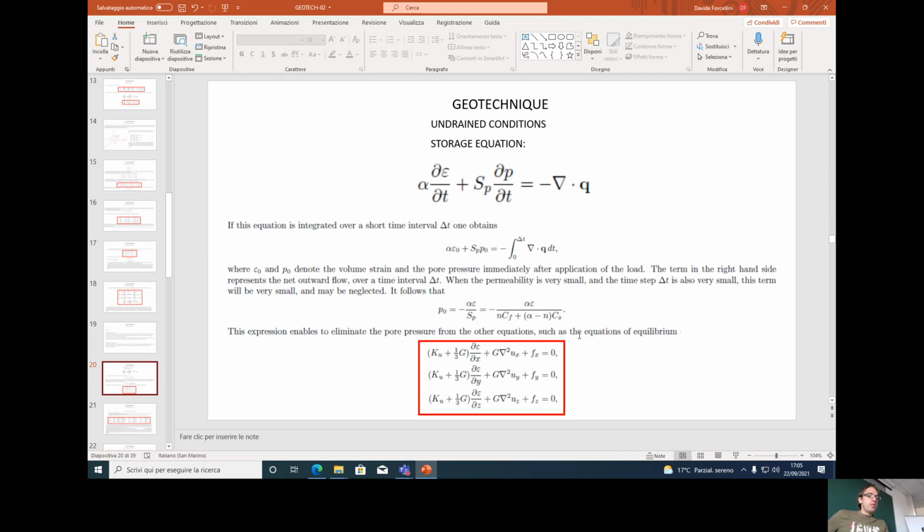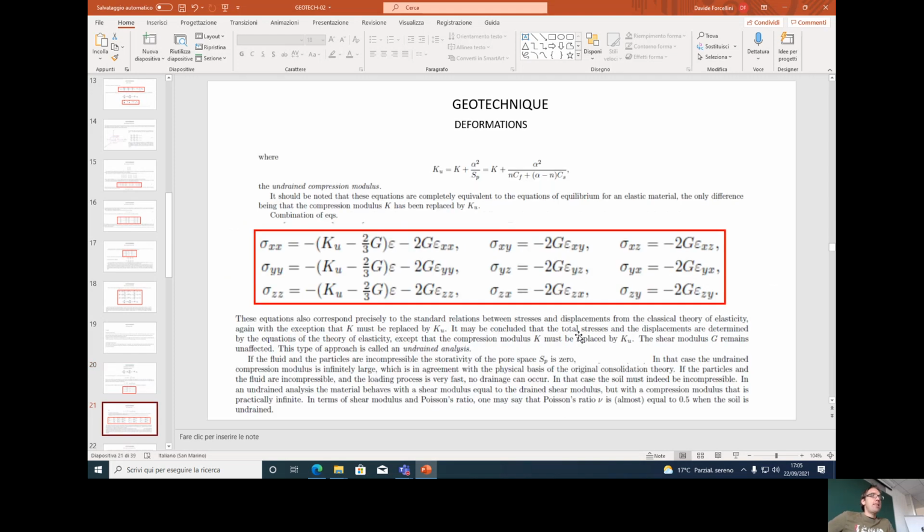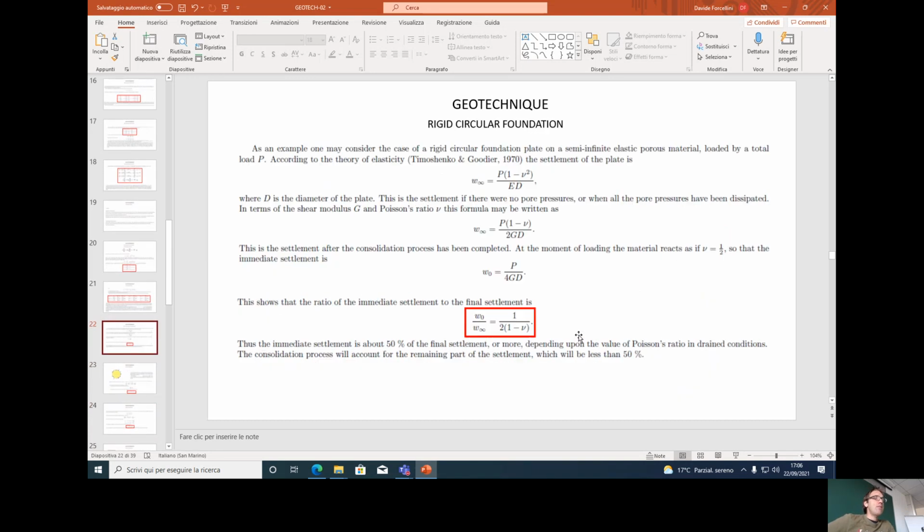Then we introduced these terms, but except for the undrained compression modulus, which is a little bit different from K, there is nothing very different from what you have already seen for structures. But what is really important is to define this, that is the final settlement.